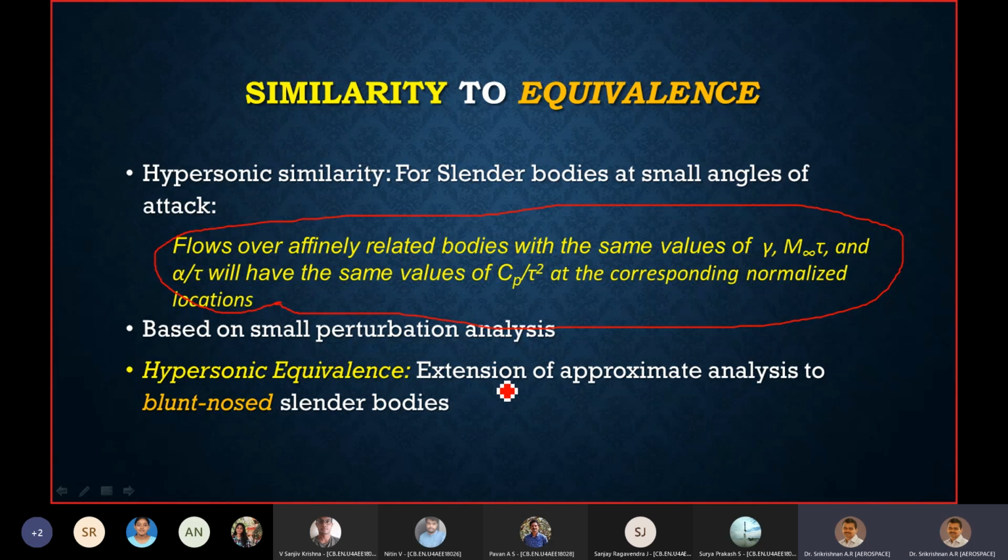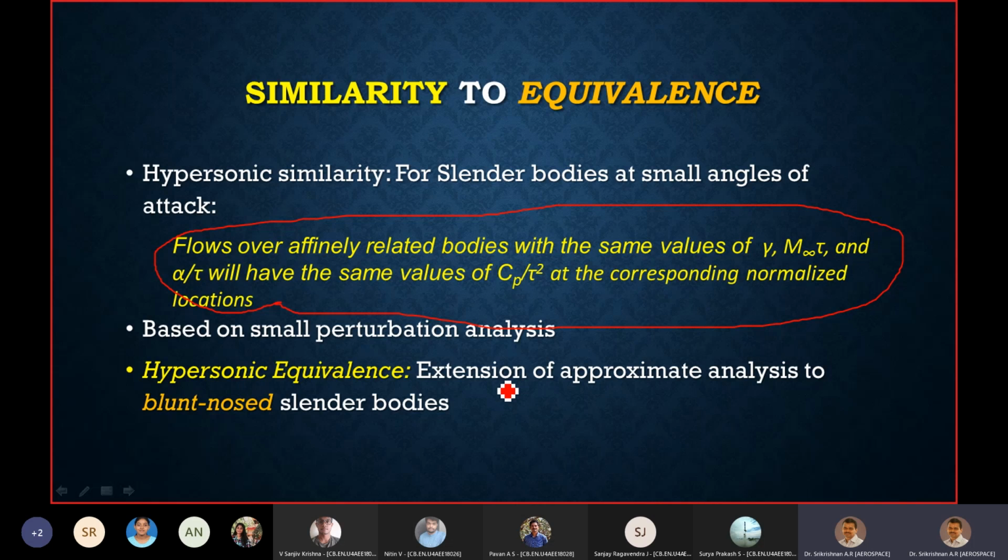For these two bodies, the value of Cp by tau squared at the corresponding normalized locations, x by L and y by L, not at x and y, will be the same. We say normalized because the scale can be different in one direction. That's why we call them affinely related. In the flow direction the scale may be different. So at those corresponding normalized locations, Cp by tau squared will have the same value.